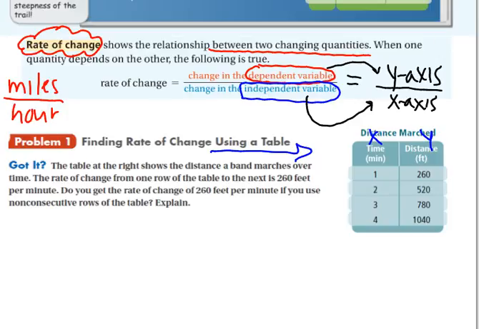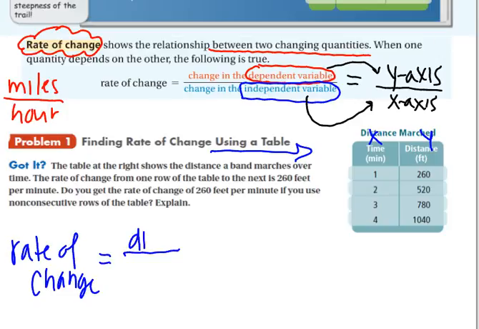So our rate of change, guys, let me write this out. Rate of change, remember, is the change in our y-axis, which we just said was distance, over our x-axis, which is time. So that's our rate of change.